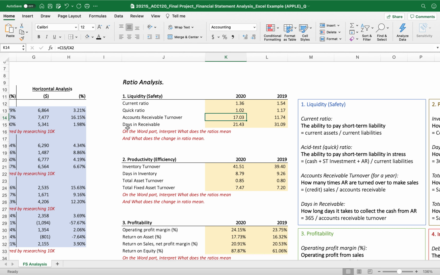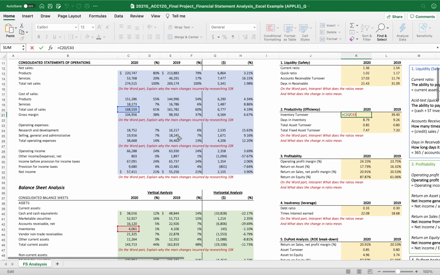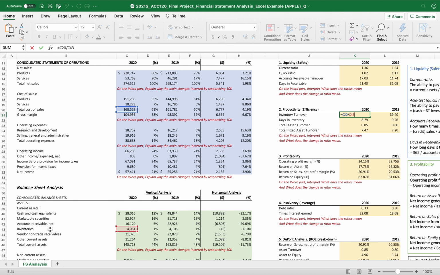Okay. What about the inventory turnover part? Inventory turnover has been improved, right? Is this because of inventory? When you click this, inventory between 2 years has not changed a lot. But the total cost of sales has increased. That's why the inventory turnover has improved, not because inventory decreased, but because cost of goods sold increased.